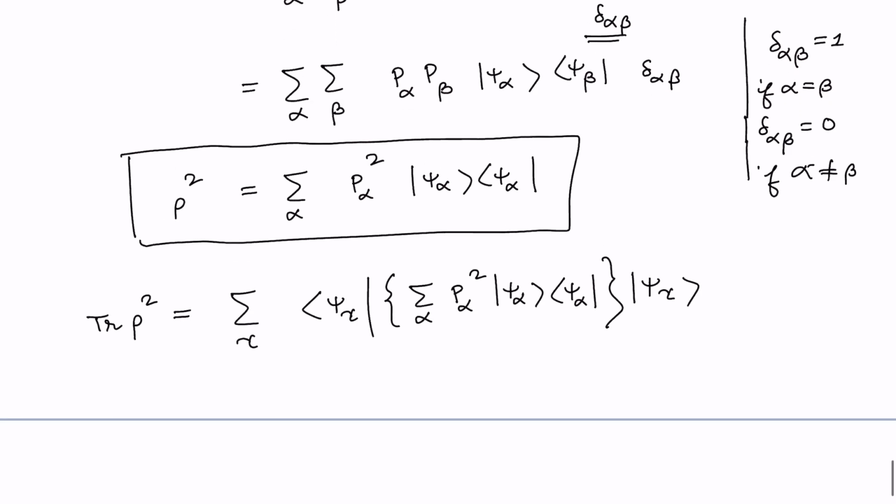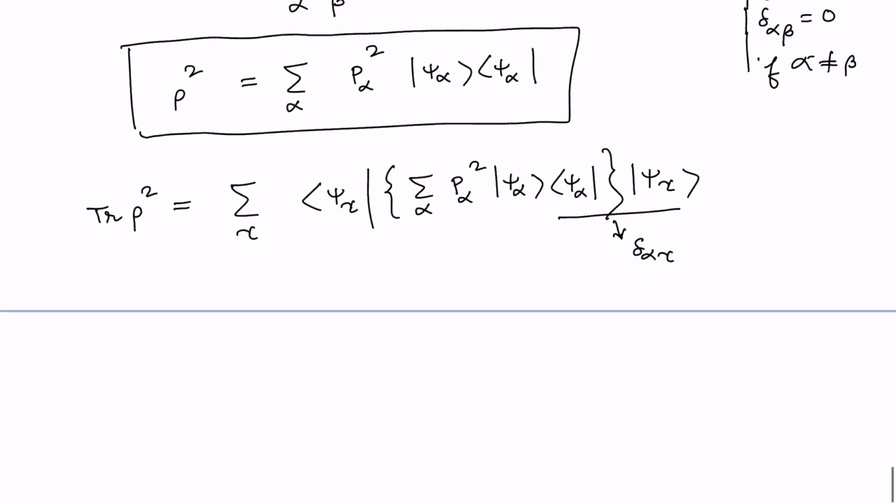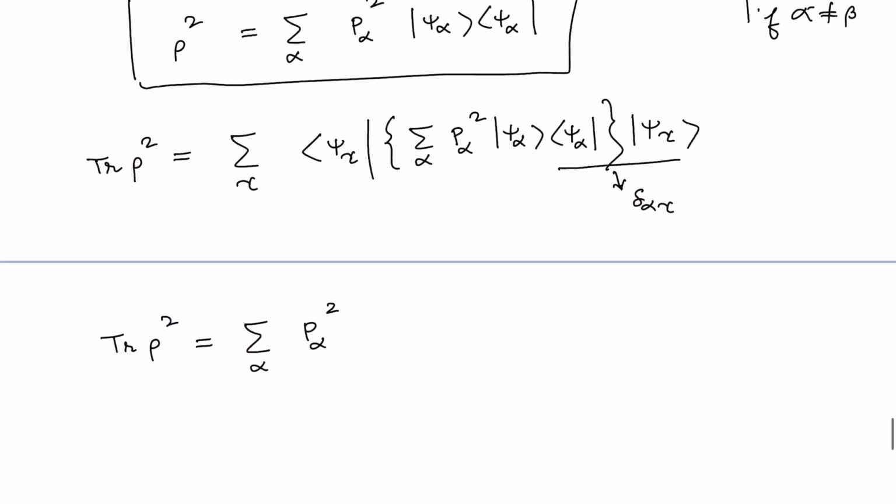Again this scalar product is nothing but the Kronecker delta alpha gamma. So using that you can hopefully see immediately that you are going to get sum over alpha P alpha square. So for the mixed state, trace rho square is equal to sum over alpha P alpha square.